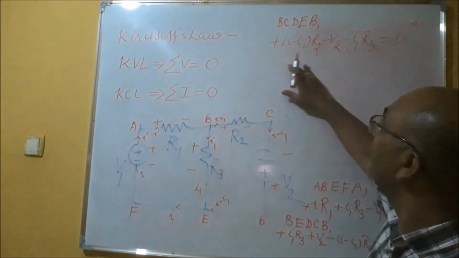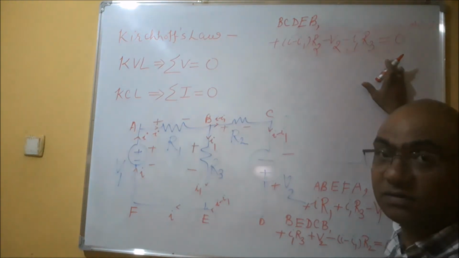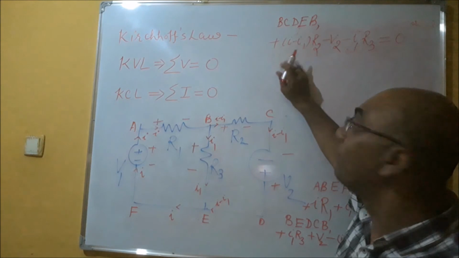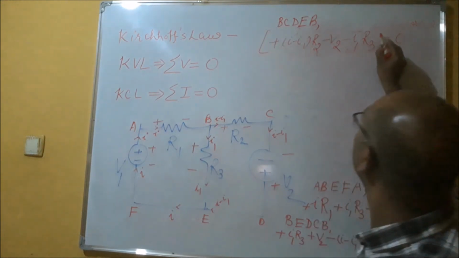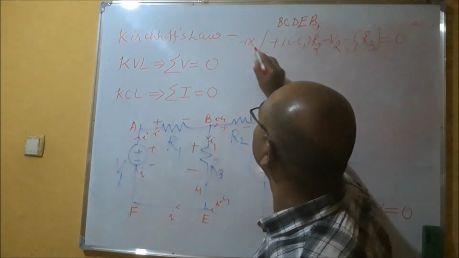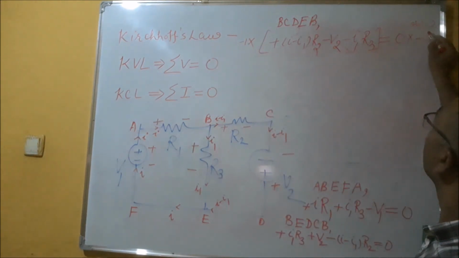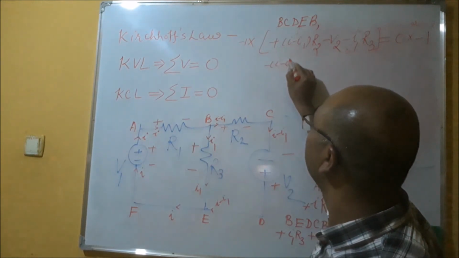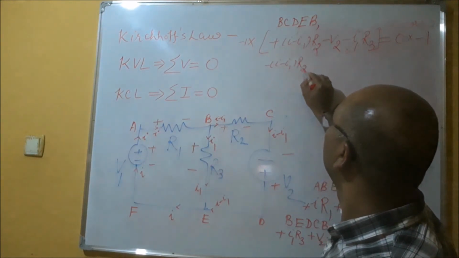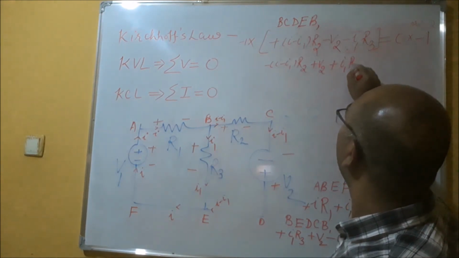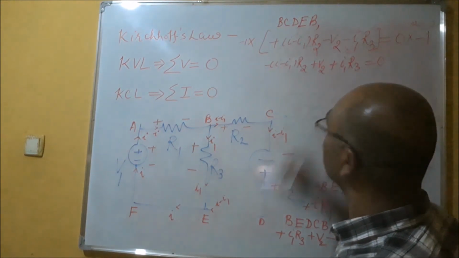If I multiply the whole equation with minus 1, what will I get? Minus (I minus I1) R2 plus V2 plus I1 R3, and this is equal to 0.